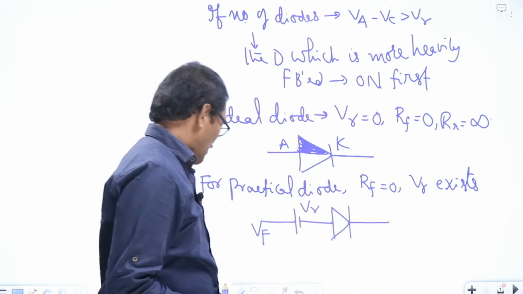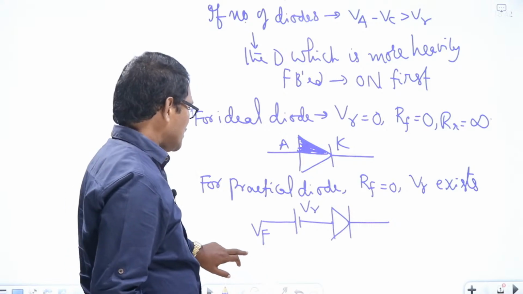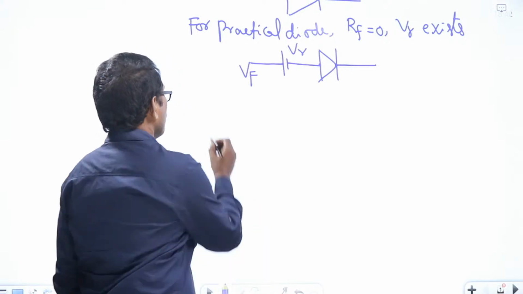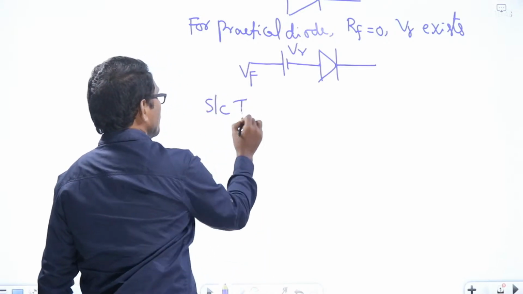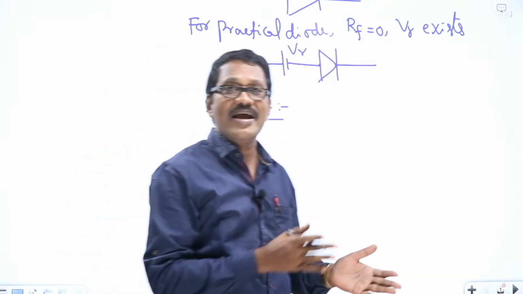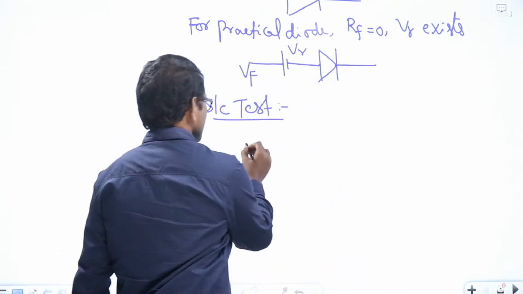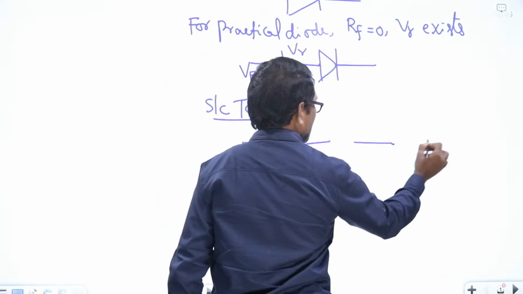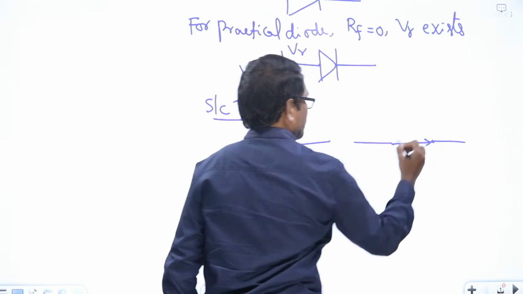Right? And the next one is the short circuit test. In this, each diode is replaced by a short circuit, like this. This is the diode, and this is replaced by a short circuit.